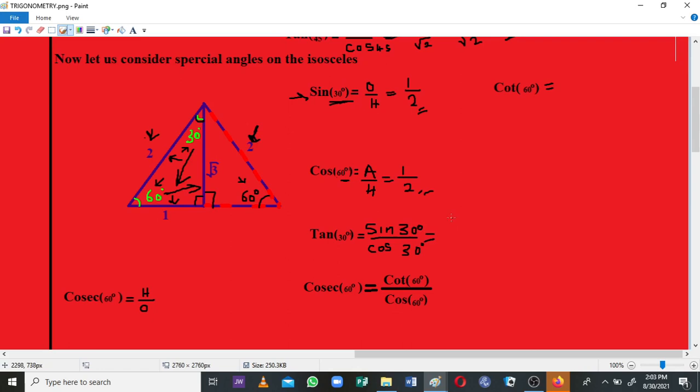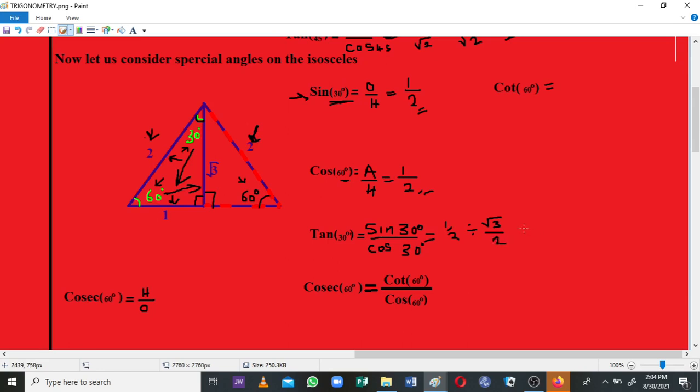We know that sine 30 is equal to half. Now cos 30 is equal to adjacent over hypotenuse, which is the square root of 3 over 2, right?